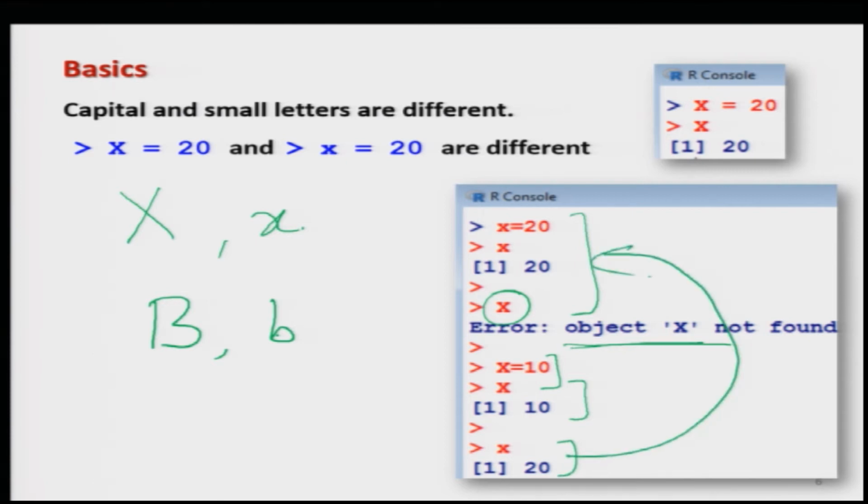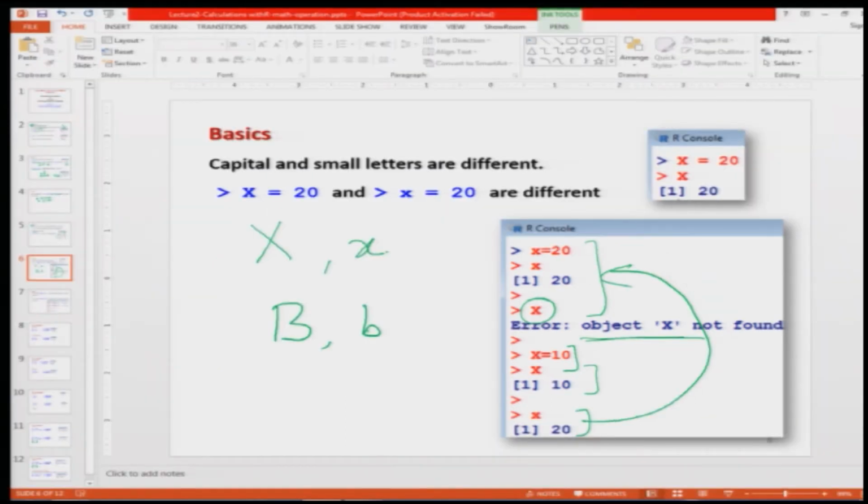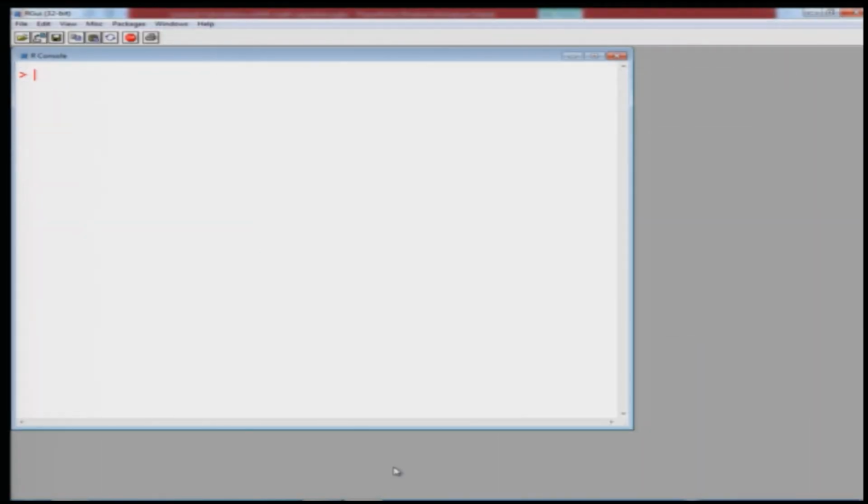I will show you it on the R console, which will make these things more clear, right. So if I take x equal to 20 and small x equal to 30, you may not see the difference on the screen. But anyway, I will show you capital X is 20 and small x is 30, but I will take a variable here, capital B.